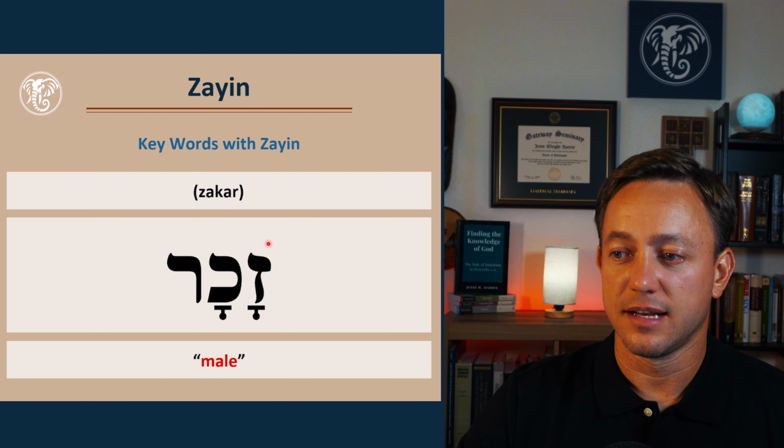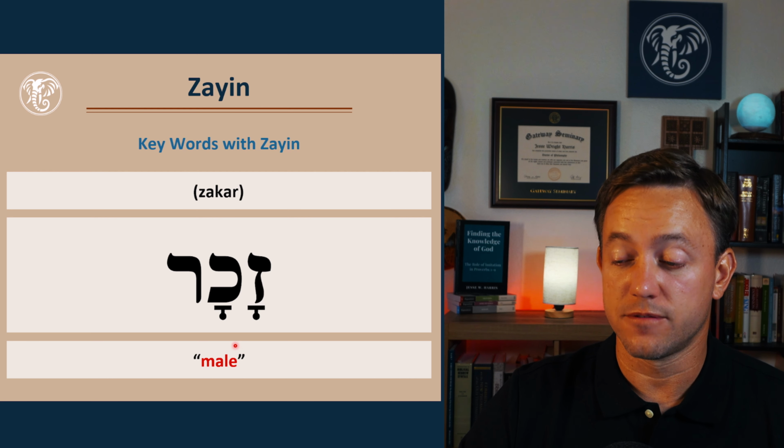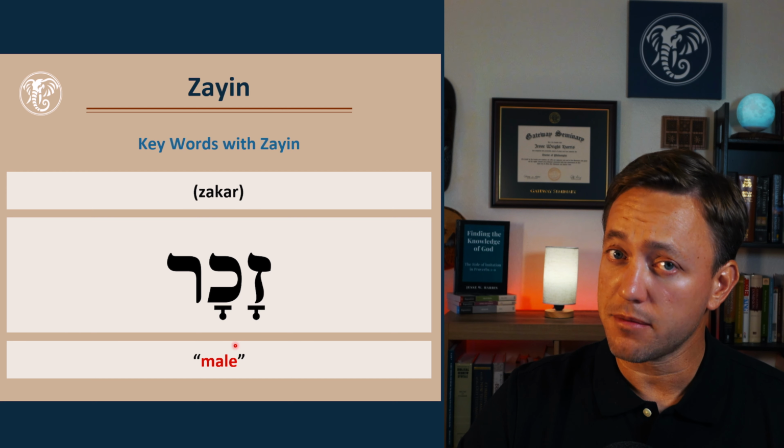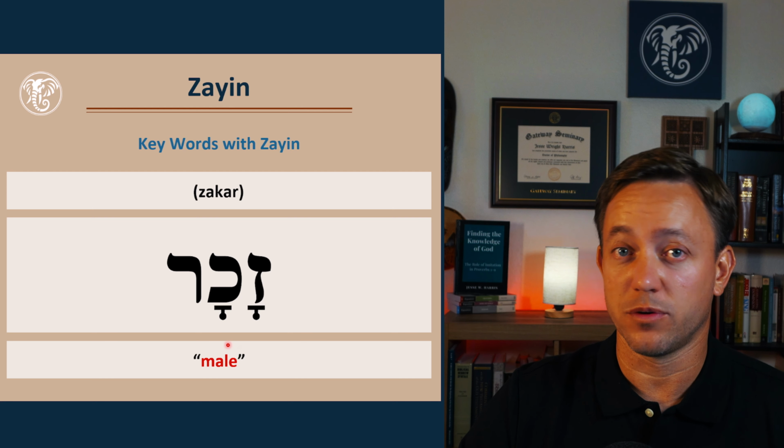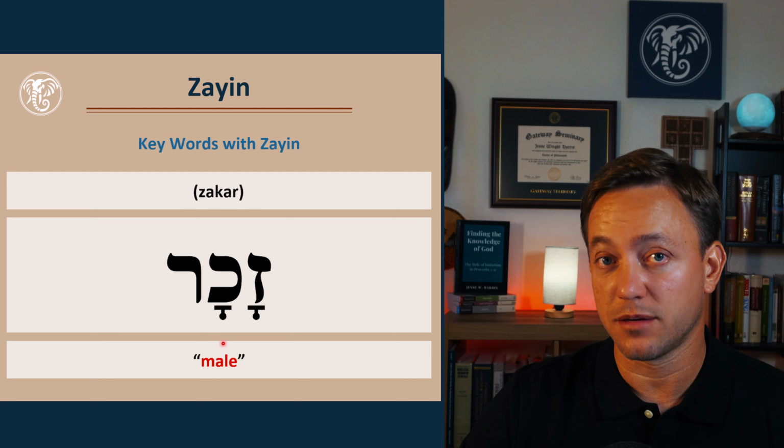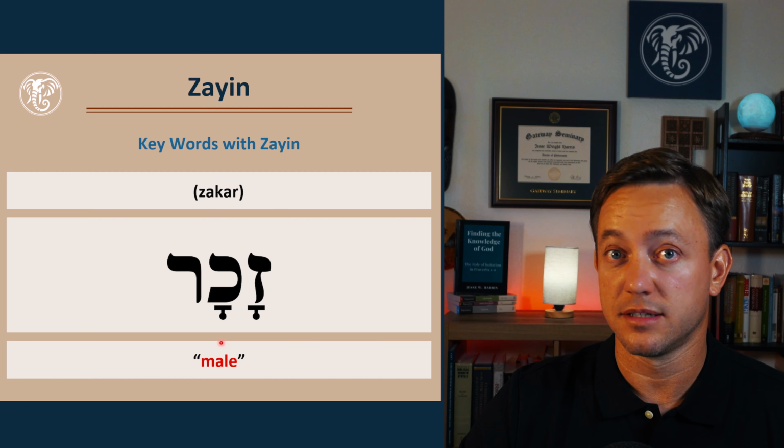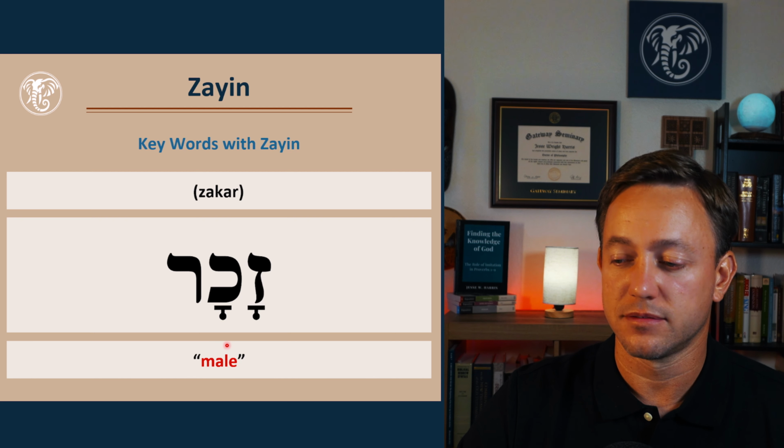All right. Now another one here, which sounds the exact same, zakar. But you'll notice this is the word for a male. Now, not a man, but a male, when you're talking about like a male animal or a male person. So really specifying male as opposed to just a man.